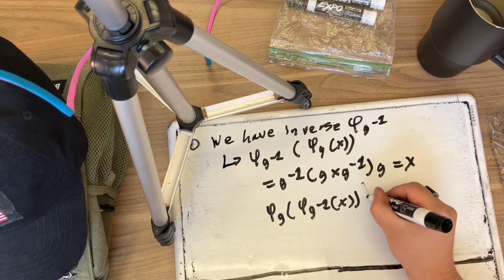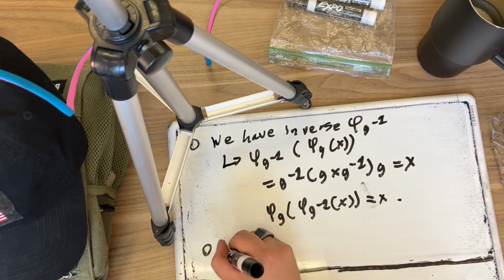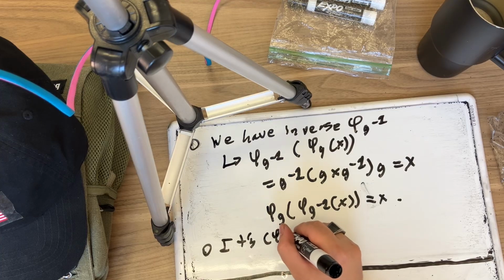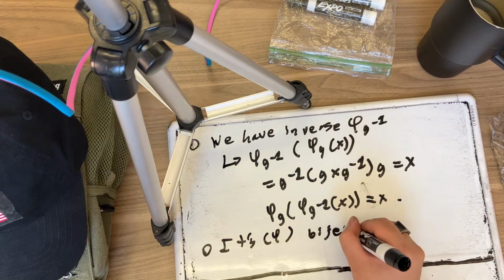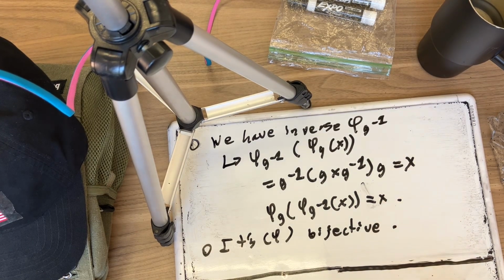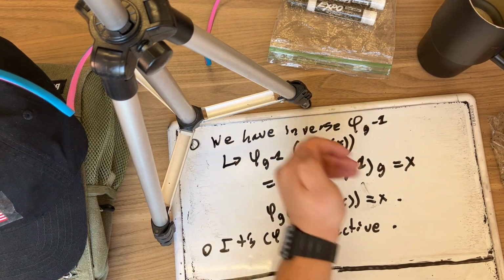That's equal to x, right? So it's bijective. It's bijective because we have that inverse, and because of what we showed there, more explicitly with each of these steps.